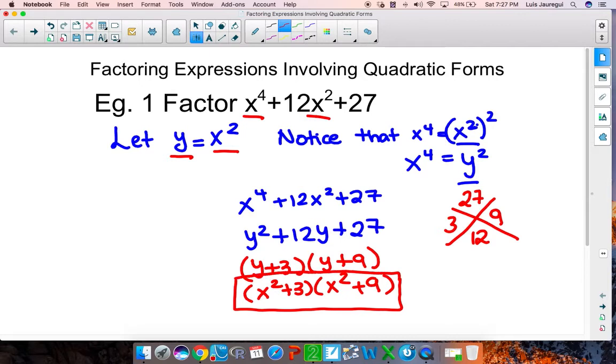So what is the big change here? The big change is that we're introducing y as a dummy variable to do some substitution with our previously known methods. Let's see another example involving this concept of using a second variable, a dummy variable, to do some substitutions.